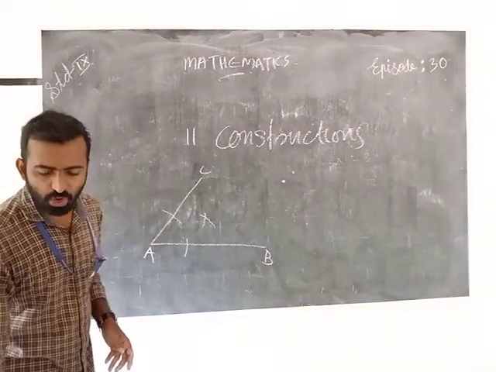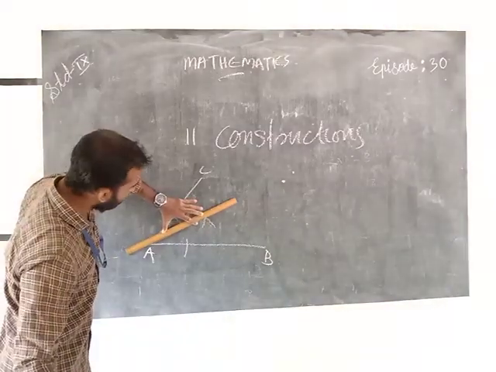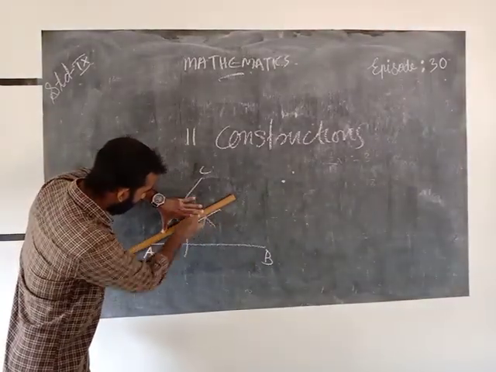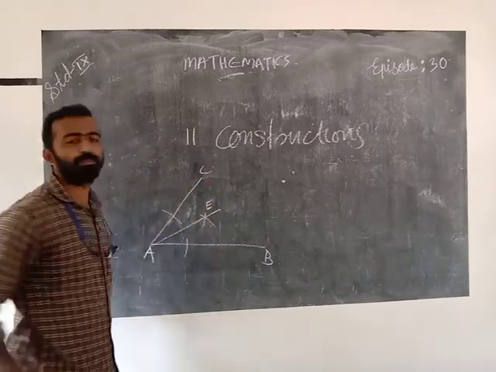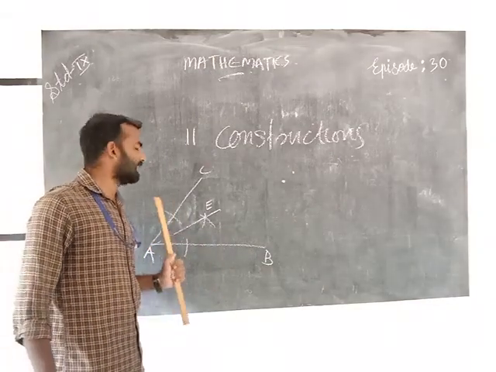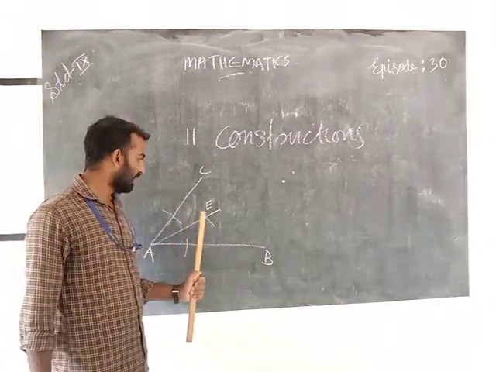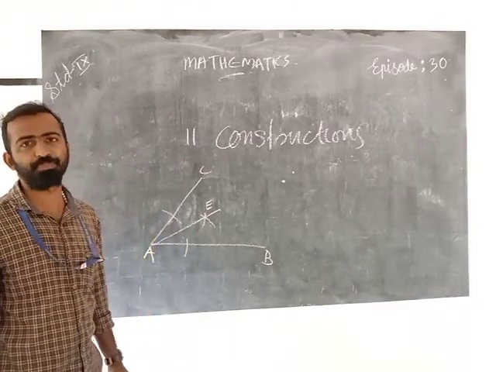Then we join this point to A and name it E. That is, AE is the bisector of angle A.